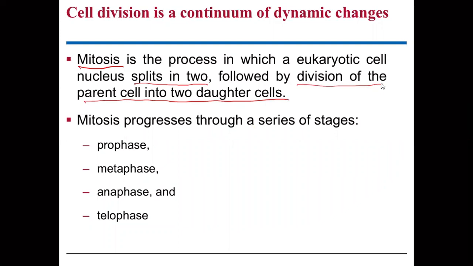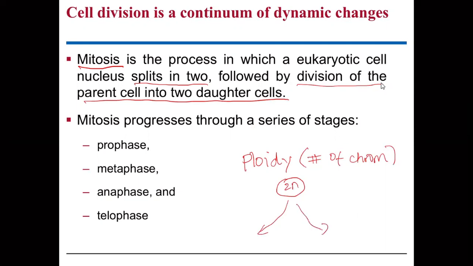An important feature of mitosis is that the ploidy, or the number of chromosomes, of the daughter cell is similar to the parent cell. So if your parent cell is 2N or diploid, after mitosis, the daughter cells would also have a ploidy of 2N.